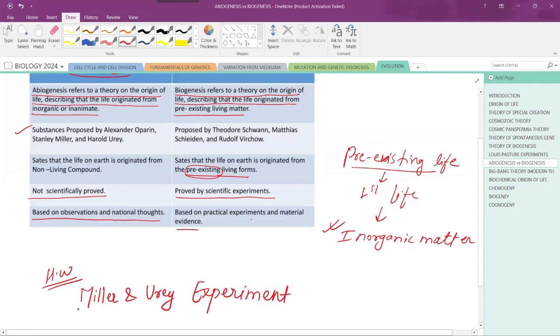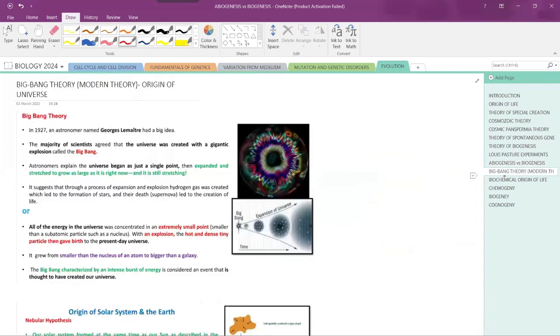Okay, so study about this experiment, the Miller and Urey experiment. And in the next session we will study the Big Bang theory.